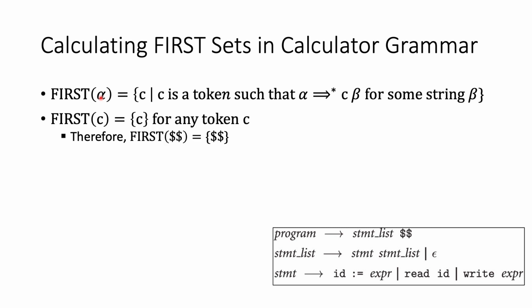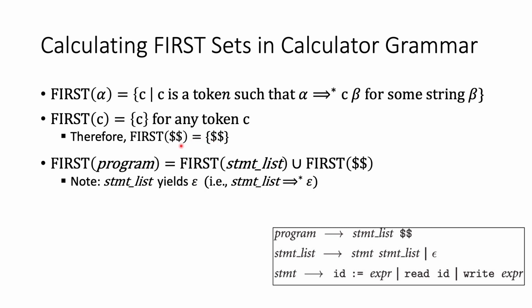So if C is a token, which means it's a terminal, then the first of C consists of the token C only, because you cannot expand a terminal. In particular, the first of the end marker token consists of the end marker token.